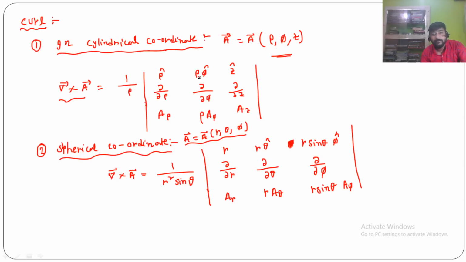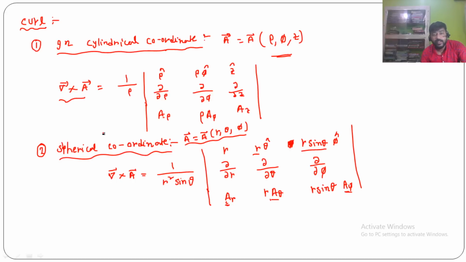You can see here that rho is multiplied with the unit vector phi cap, and here there is no multiplication with the unit vector, only the components are present, but with this component this term will multiply. Similarly, here A r is alone, but here r into A theta, and similarly here r sin theta into A phi. In this way you can remember, and outside here 1 upon r square sin theta.